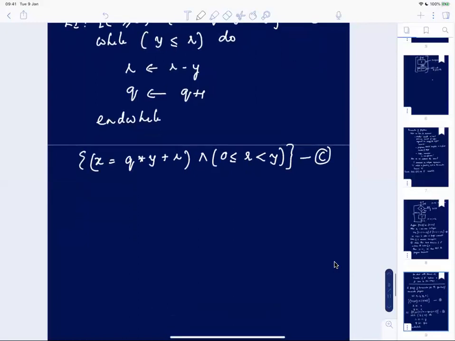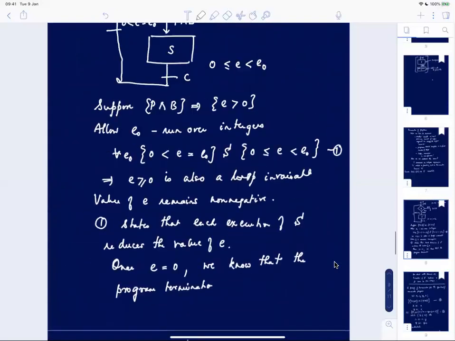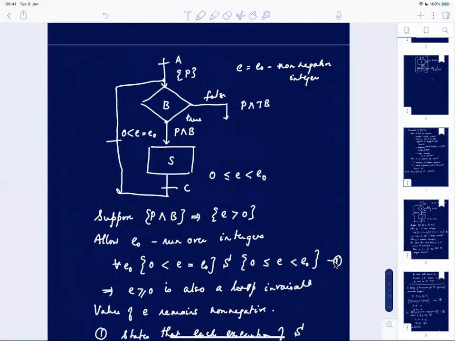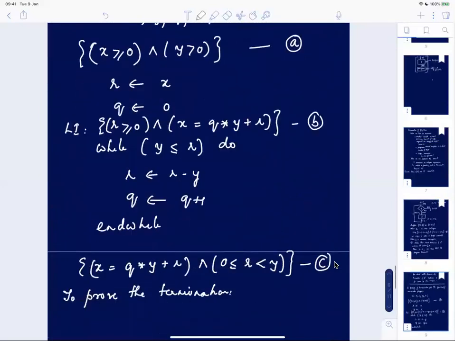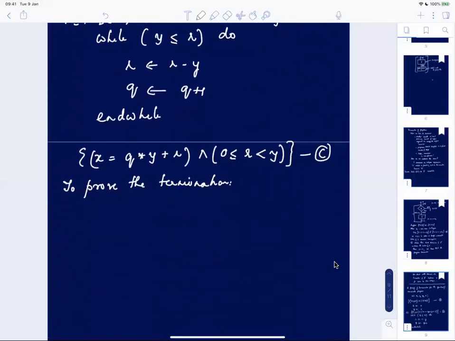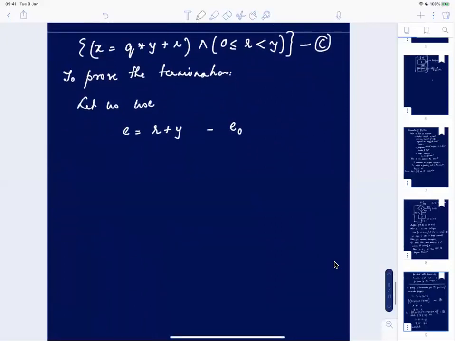To prove the termination, we have two paths. Going back to this path and this path, which need to be proved. Let us use E equal to r plus y, which is also the value E naught that we start with.